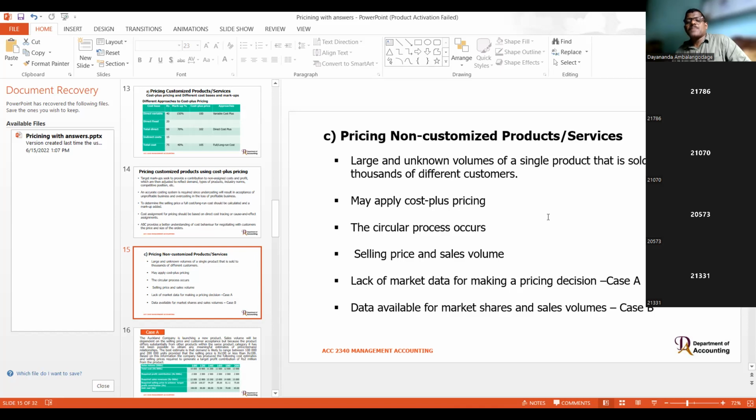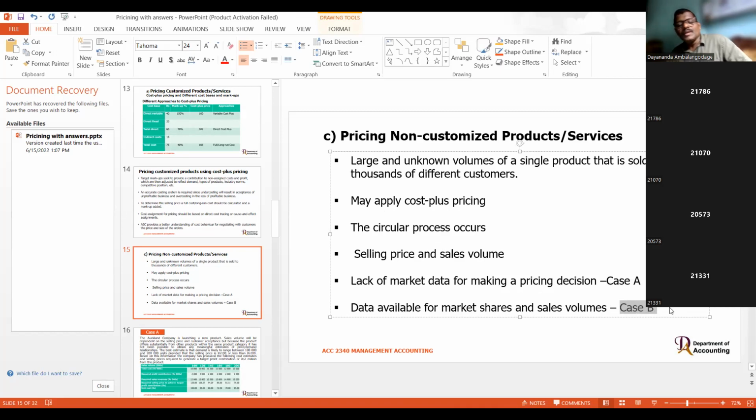You may apply cost-plus pricing. There's a concept called the circular process, which we will explain. Selling price and sales volume will have an impact on each other, and there is a lack of market data for making a price decision. So we will focus on case A, and case B where data is available for market shares and sales volume.